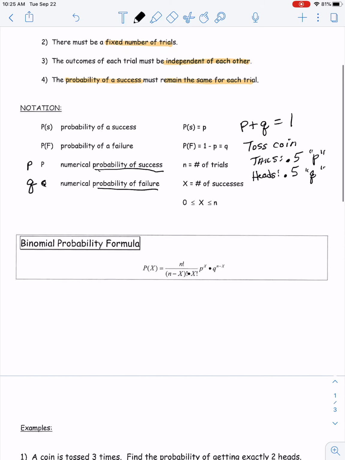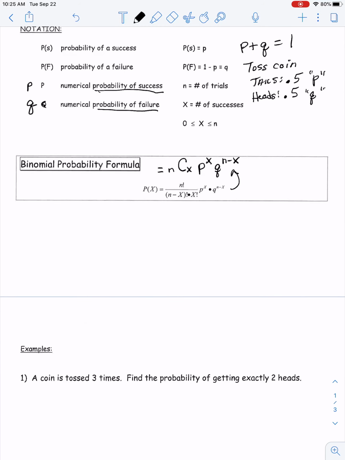All right, so then to calculate binomial probabilities, we have this great big formula, okay? I can also reduce that down into something that looks like a combination. It looks like P to the X, Q to the N minus X, which is the same thing written differently. Or a third way that we can deal with this is something on your calculator that we can access by doing second, and you hit the button that says vars. Above it, it says distribution, or DISTR for distribution.